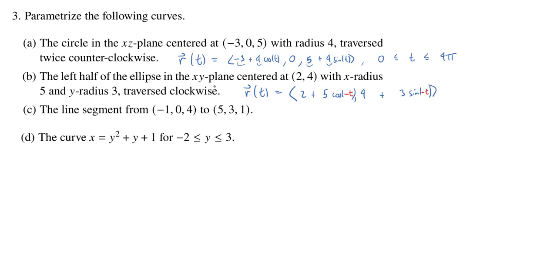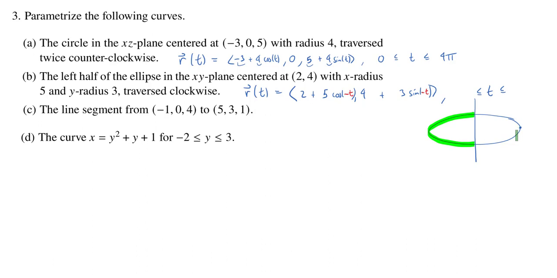And since we want the left half, we don't even want to go around one time. So what is our t going to go between? Well, we're going backward. So let's just draw a quick little picture here. When t is 0, we would start here. But we only want the left half. We just want this piece around here.